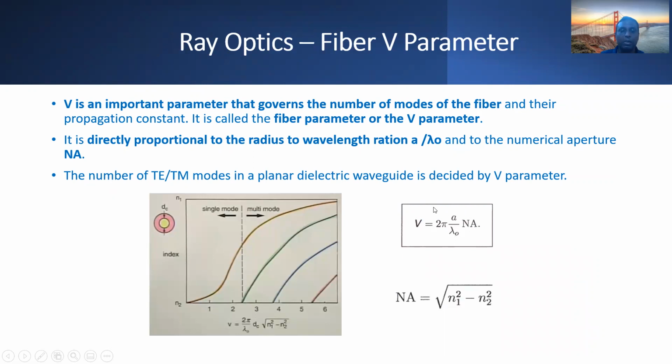The value we get for V decides whether it is single mode or multimode. Any value below 2.4 is for a single mode fiber, and any value above 2.4 is regarded as a multimode fiber. And NA we can compute using the formula: the square root of n1 squared minus n2 squared.